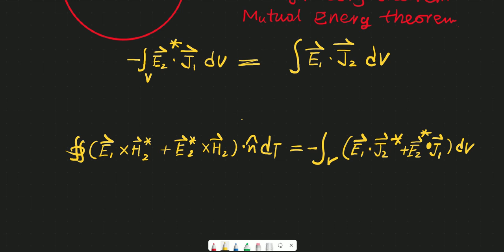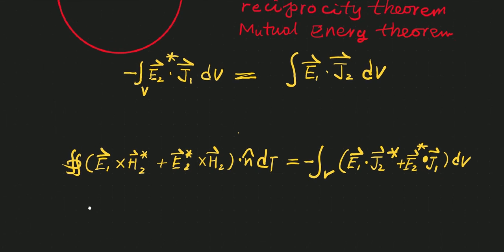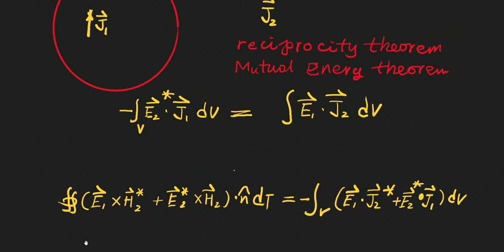Since inside we have only one current, J1, this guy is out.